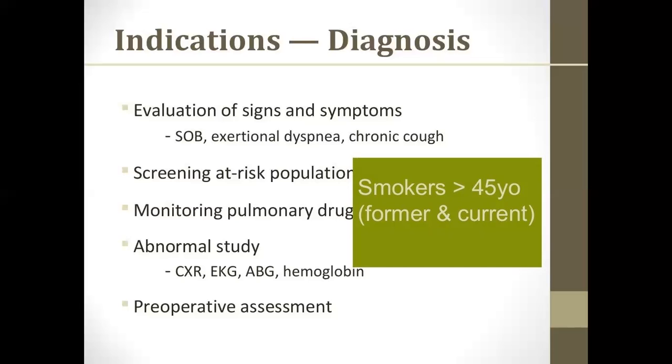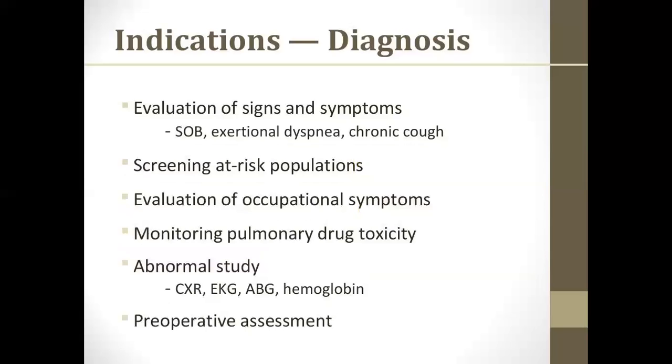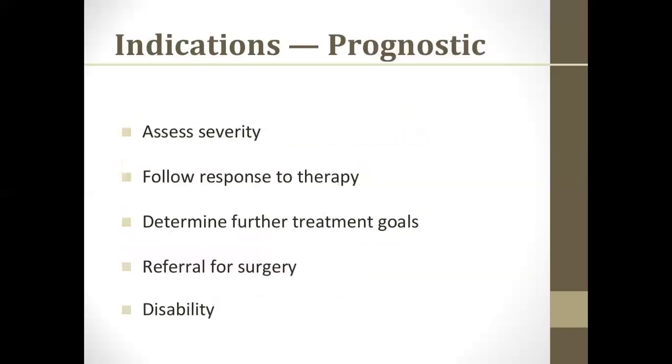Screening at risk population, monitoring pulmonary drugs, abnormal study, CXR, EKG, ABG, and hemoglobin, preoperative assessment, assess severity, follow response to therapy, determine further treatment goals, referral for surgery, and disability.